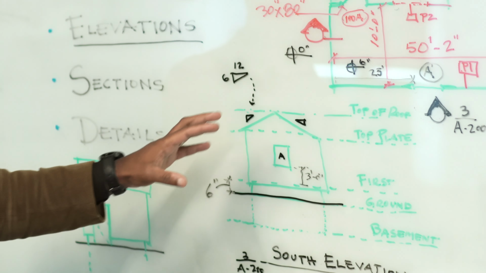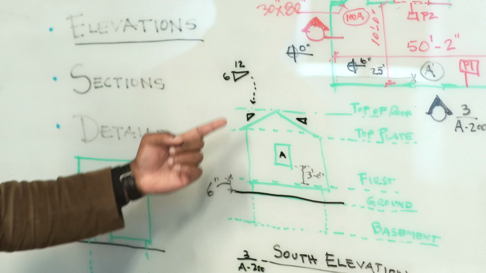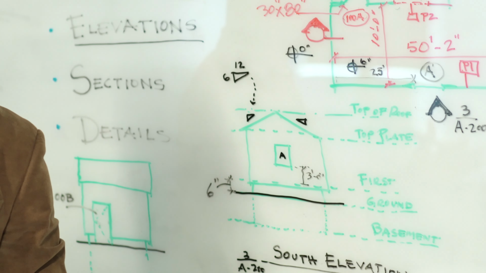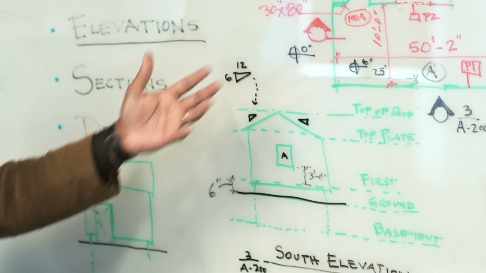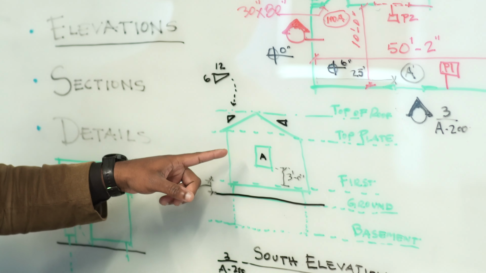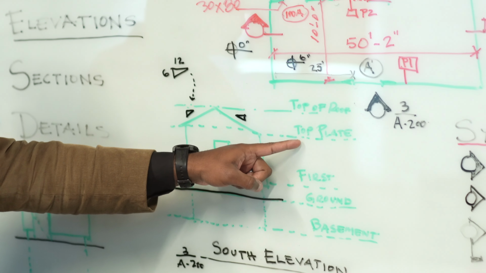So here we can tell, once again, the window height location and other things, like the angles of the roof. You know, what is the angle of that roof? If we have an A-frame or a gable roof for this building, and we're looking at this elevation this way, we know the levels, we know where your first floor is, we know the top plate.